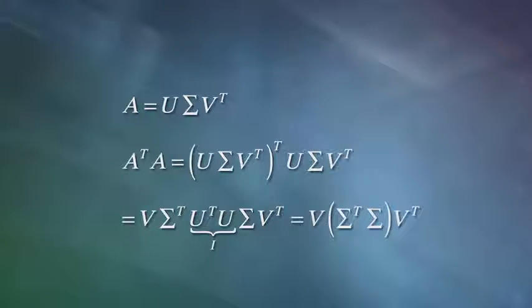Doing the transpose, we get V sigma transpose U transpose U sigma V transpose. But U is orthogonal, so the middle term U transpose times U is just the identity. So the product becomes V sigma transpose sigma V transpose. We've just shown that A transpose A is equal to V sigma transpose sigma V transpose.